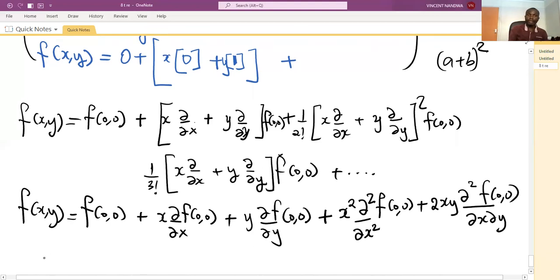So when you square this one, you have y squared ∂²f at (0,0) over ∂y². So this is the expansion of this term. And then remember, everything is multiplied by 1 over 2 factorial, so it's like I have over 2 factorial, which is just 2, and then everything here over 2.